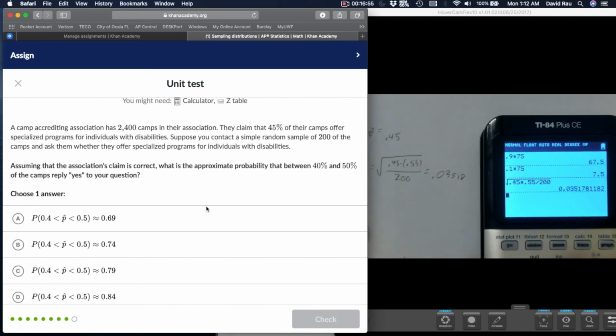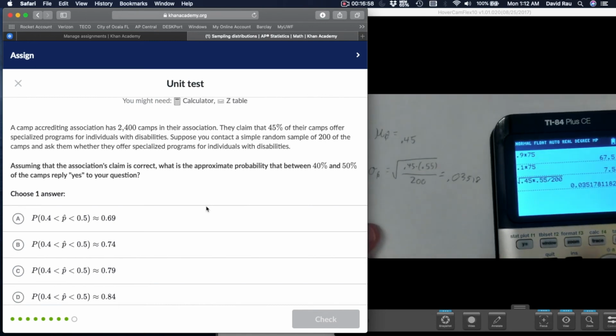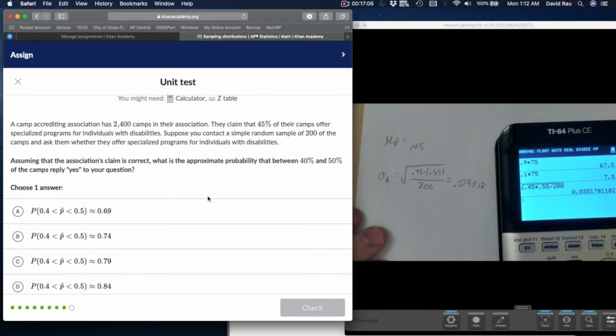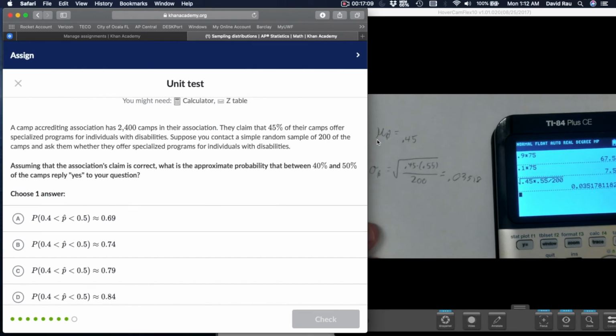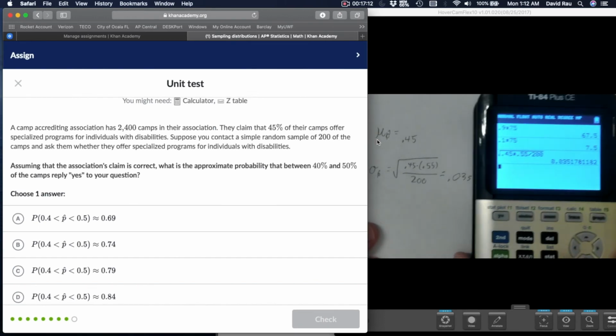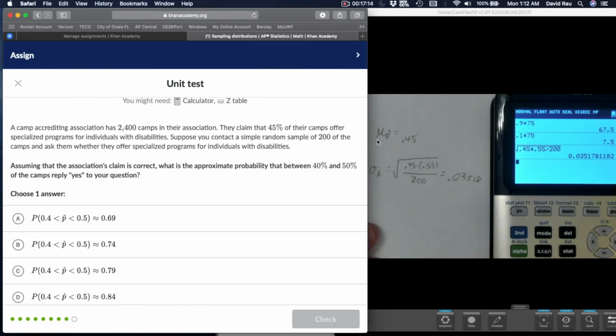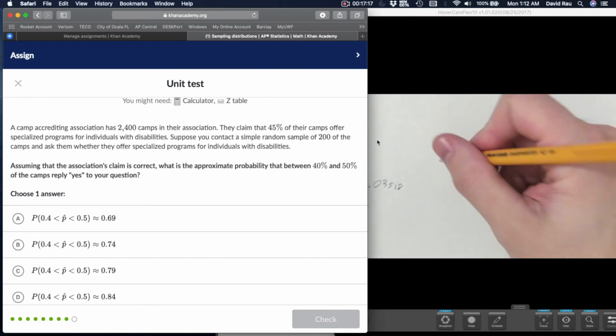Okay, so I've rounded that to 5 places, and now the question is, what are the odds that we fall in between 0.4 and 0.5? Now, technically, I'm going to do this the long way around. Okay. Let me quickly calculate the z-score. We need to calculate 2 z-scores.